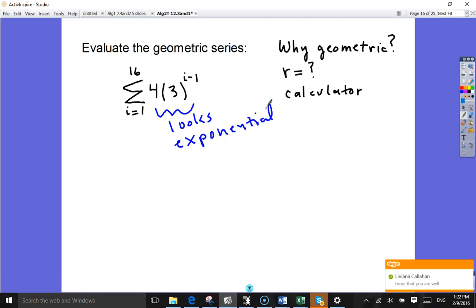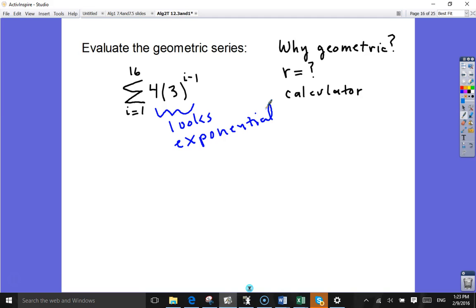How do you know what the R is when you're looking at that formula? It's not 4. It's whatever is being raised to a power. That's why when you increment the index I, you always get one more of that thing to multiply by.